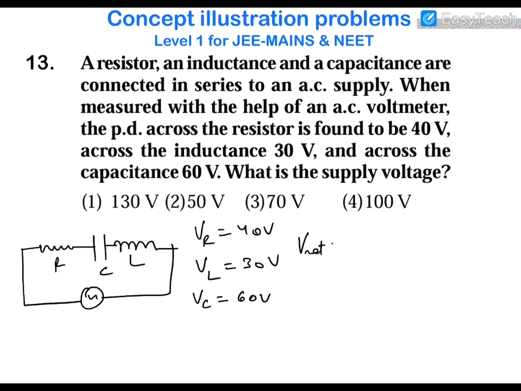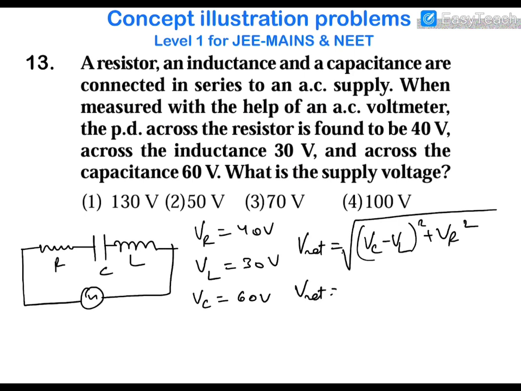So the net supply voltage will be under root of, we know that it is VC minus VL whole square plus VR square, right?